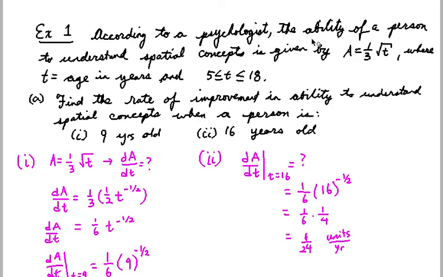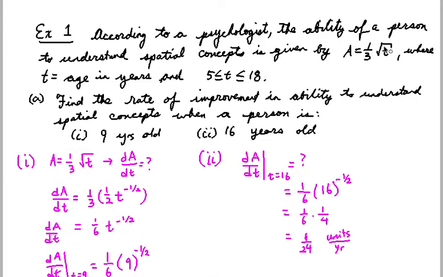So they've quantified it. If we can say, give us that data and also give me the age of that person. So now I have two sets of variables, the ability A and their age, and let's say I could relate those two with a model. If I say A is equal to 1/3 square root of t, let's just say that is the model.